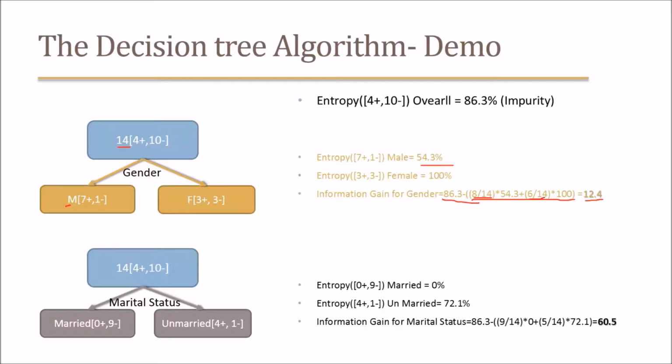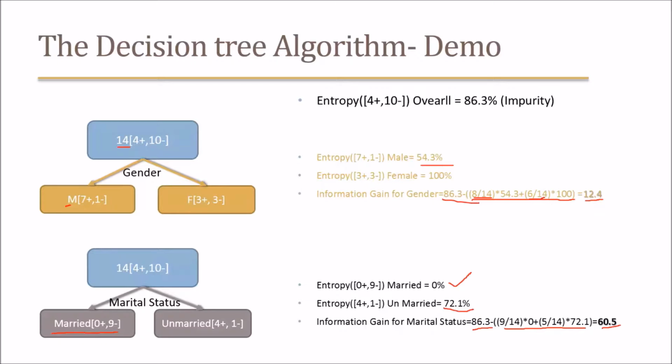Similarly when we calculate for marital status, for married the entropy is 0%, the impurity is 0 because it is a very pure segment, all of them are negative, and for unmarried the impurity is 72%. So the information gain for marital status is 86.3 minus the entropy after the split, which is 60.5.